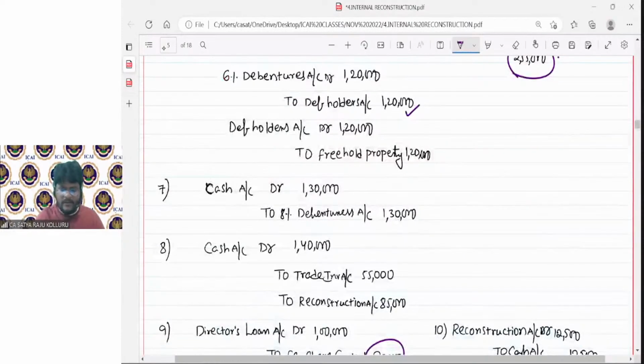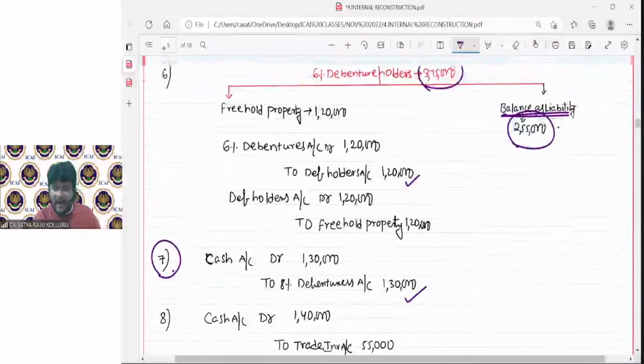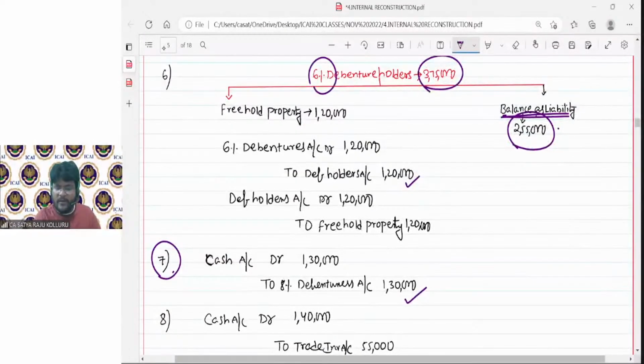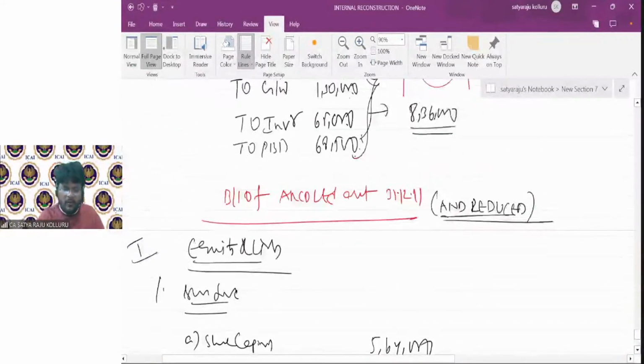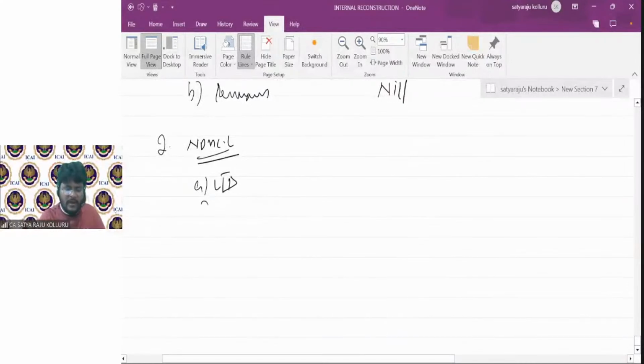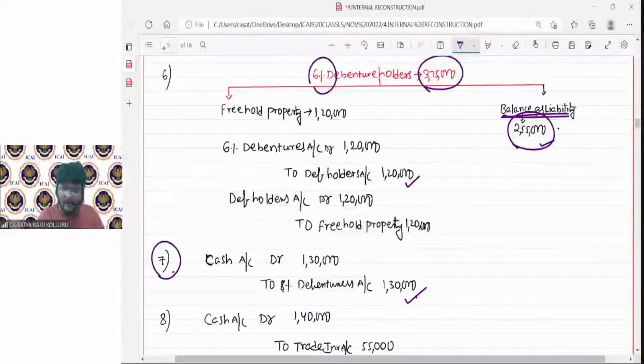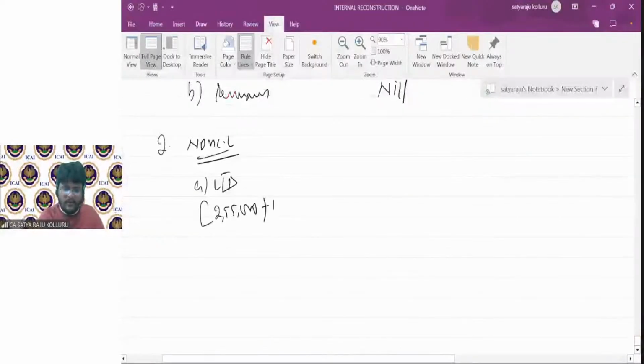In the seventh entry, we raised 8% debentures. So we have 6% debentures for 2,55,000 and 8% debentures for 1,30,000. Separately, you should show them in the notes to accounts. Just here for the time being, in our OneNote, I will add one by one: 2,55,000 for 6% debentures and 1,30,000 for 8% debentures.